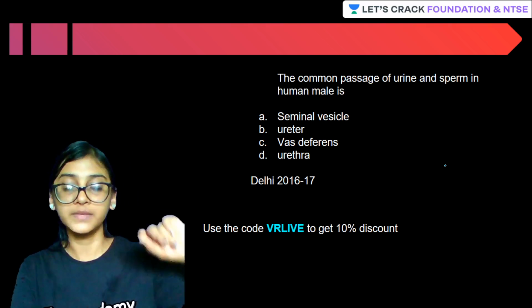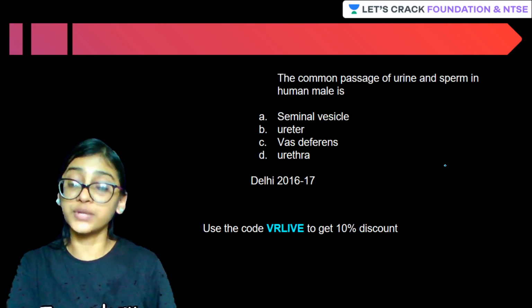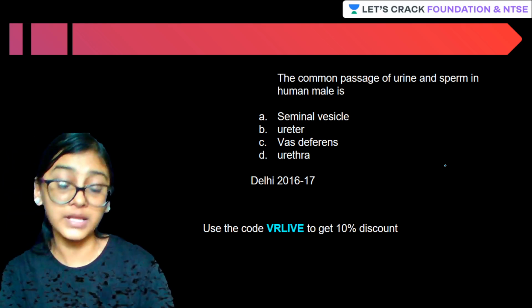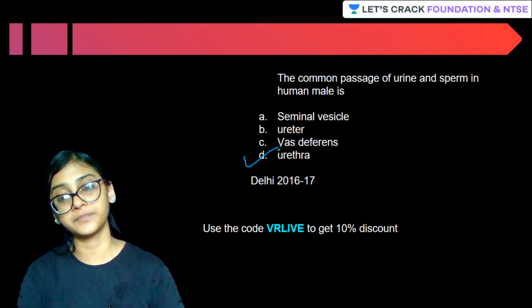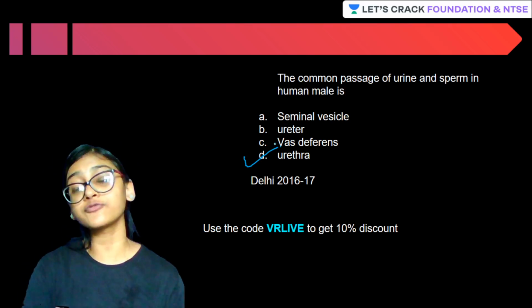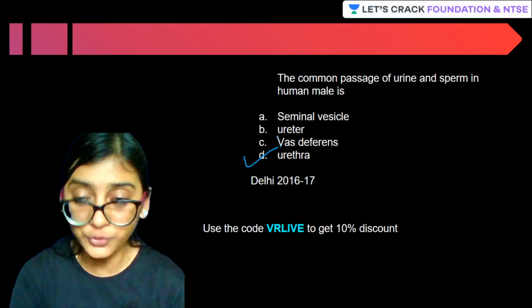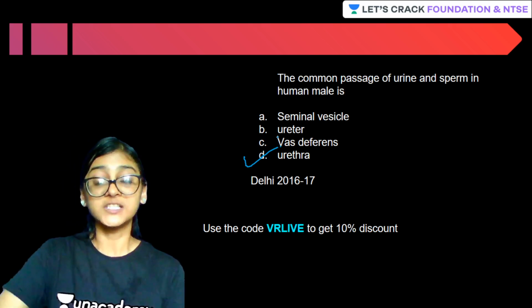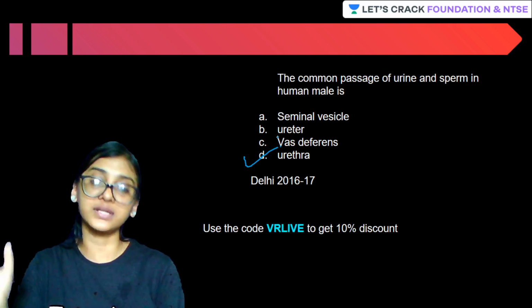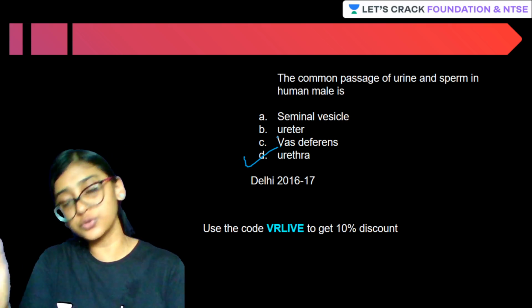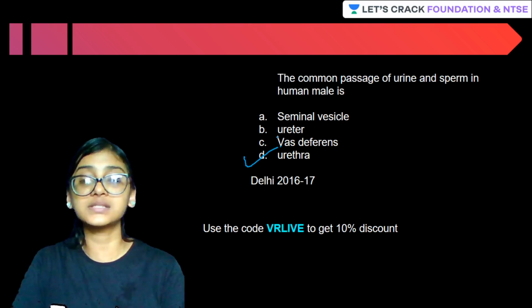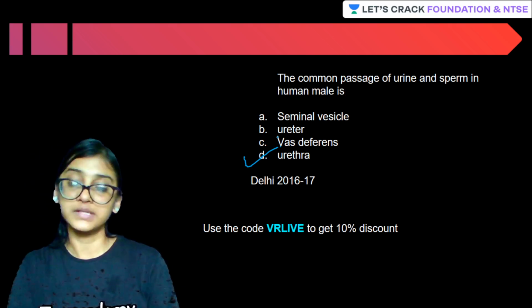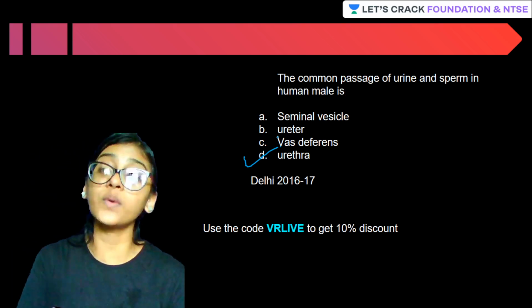But in the male individual, the urethra is quite long and transports both urine and sperm. One thing to remember, students: when the urethra transports urine, sperm cannot pass through, and when it transports sperm in the semen, urine cannot be released. Okay, easy as well as interesting question.